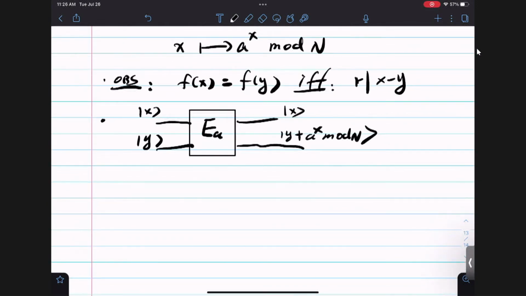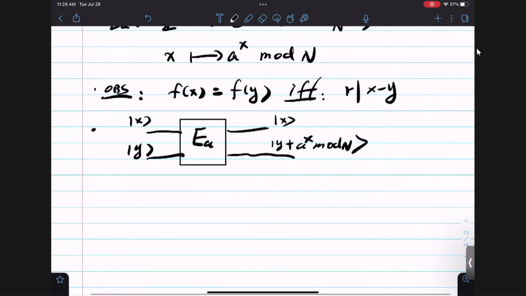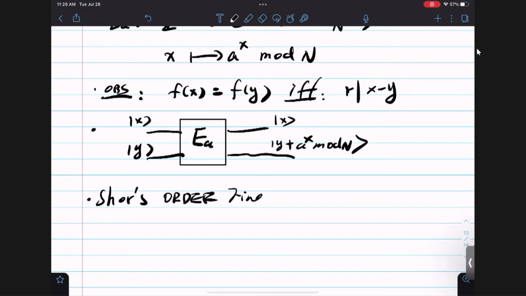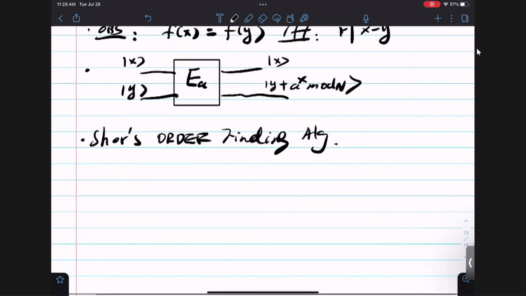Okay, now we can see Shor's order finding algorithm. And this algorithm, once I draw the circuit, proceeds pretty much the same as we've seen so far. Right? So I'm going to initialize m qubits on the top and n qubits on the bottom.